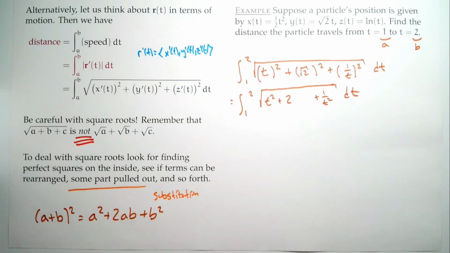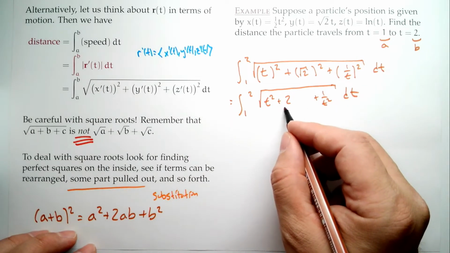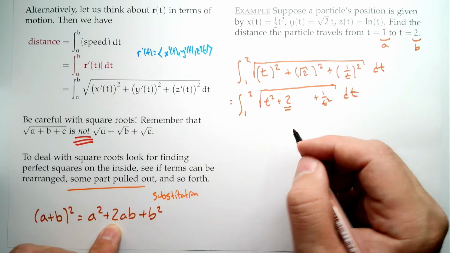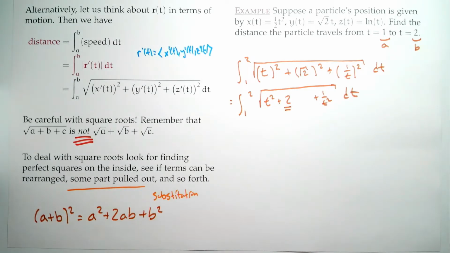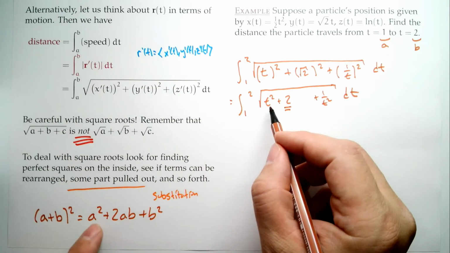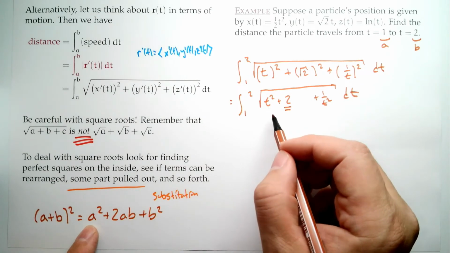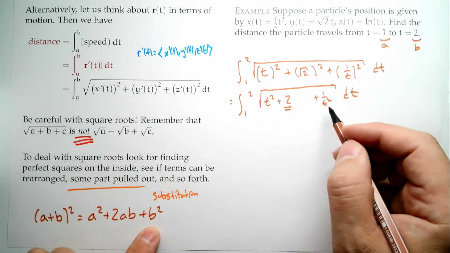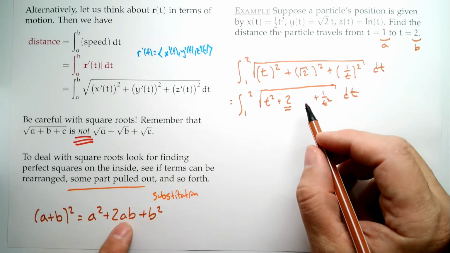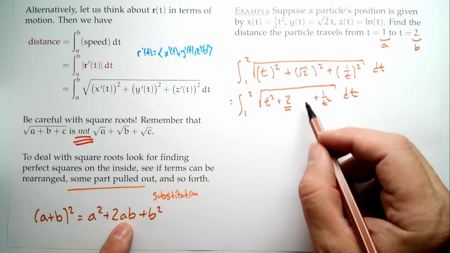If I do, that's a good sign. Then there should be a 2 in there somewhere, and I see a 2. Maybe this 2 is the 2 from the 2ab. Now this could be the a squared, so a could be t. Over here, the 1 over t squared could be b squared, where b is 1 over t. But the thing is, what's here? There's no ab.